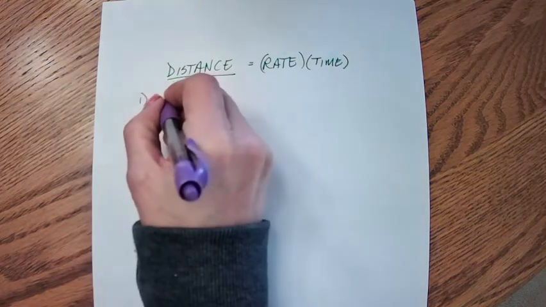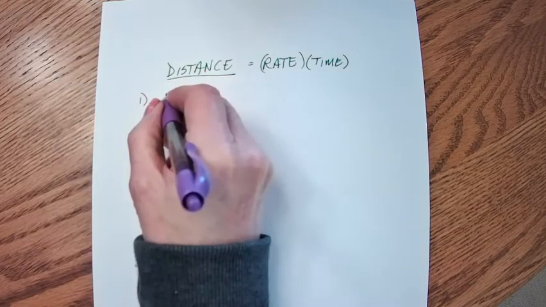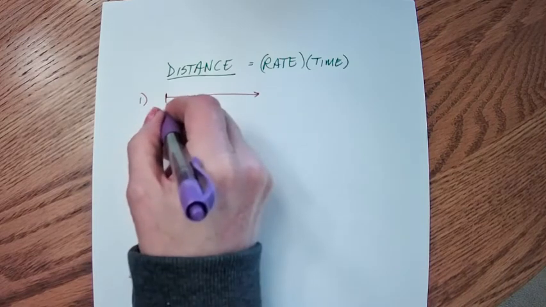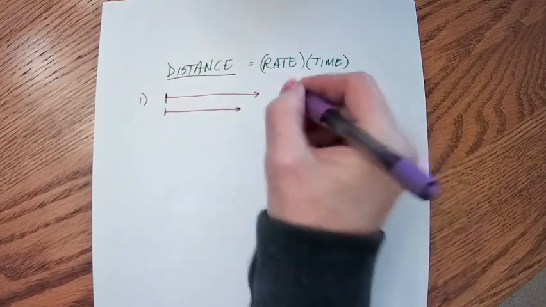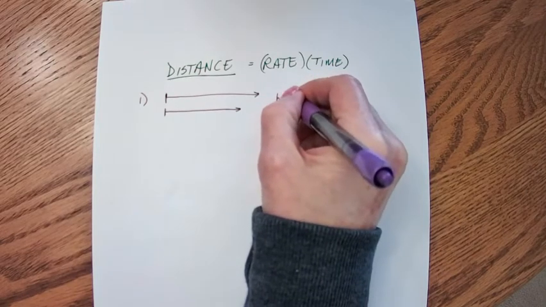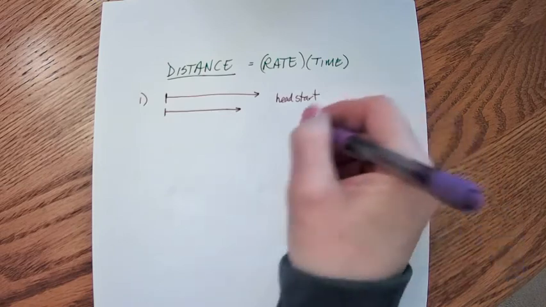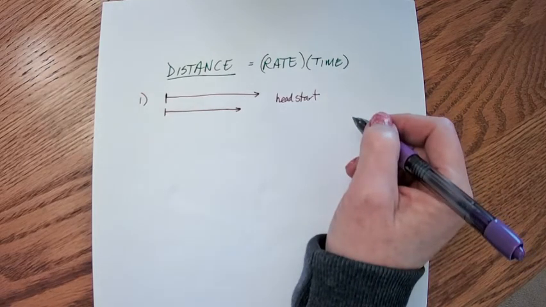Scenario 1 is they have the same starting point. One travels and they have the same starting point, and another one travels, but one has a head start. One gets started an hour earlier or 2 hours earlier.